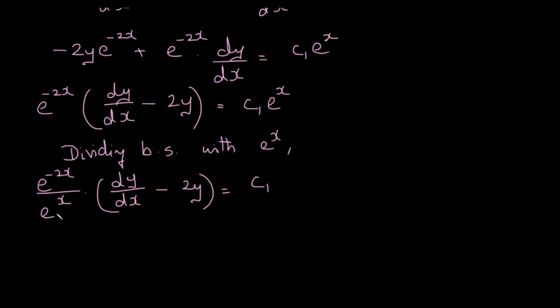Over here also, when we get e raised to x to the numerator, it becomes e raised to minus x. So we get e raised to minus 2x minus x, and thus we are going to get over here e raised to minus 3x. So e raised to minus 3x and the bracket.